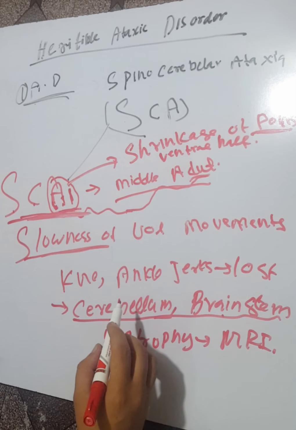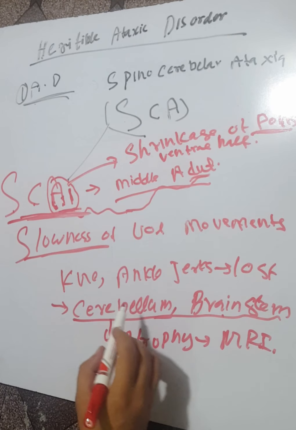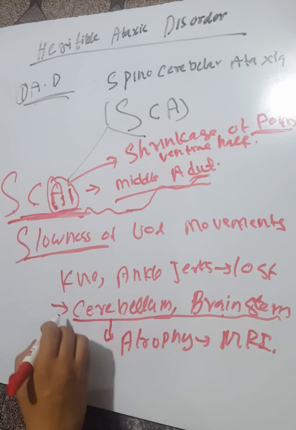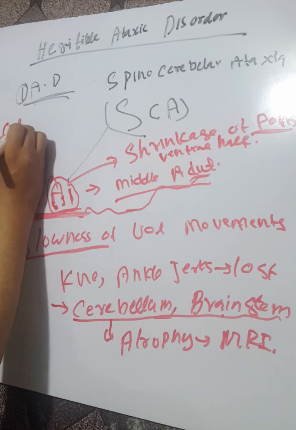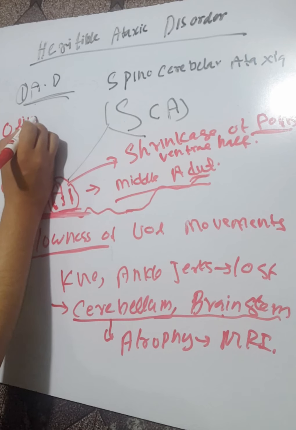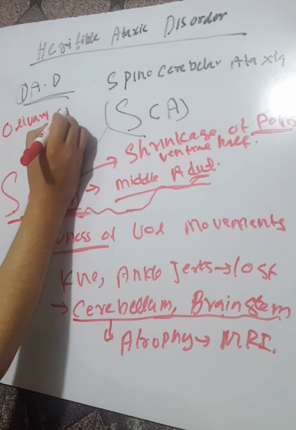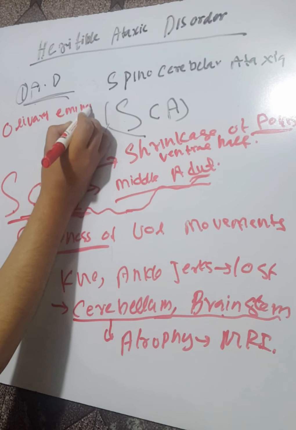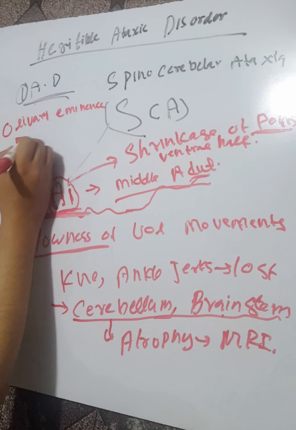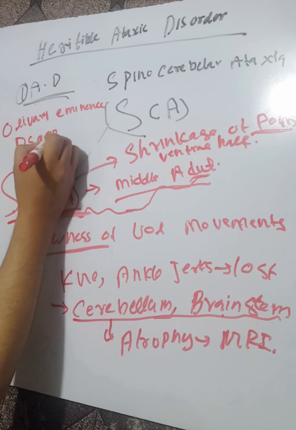There is also disappearing of the olivary eminence. The olivary eminence disappears in cases of SCA1.